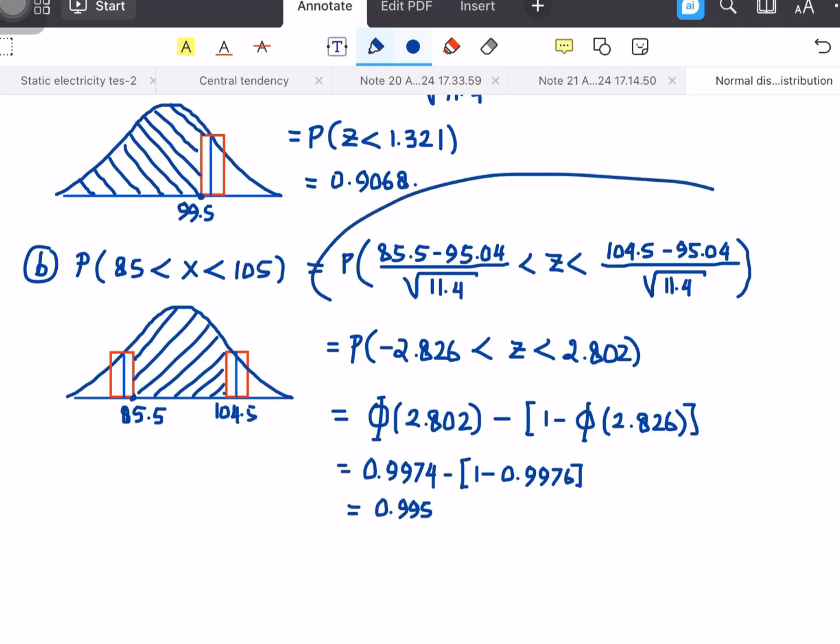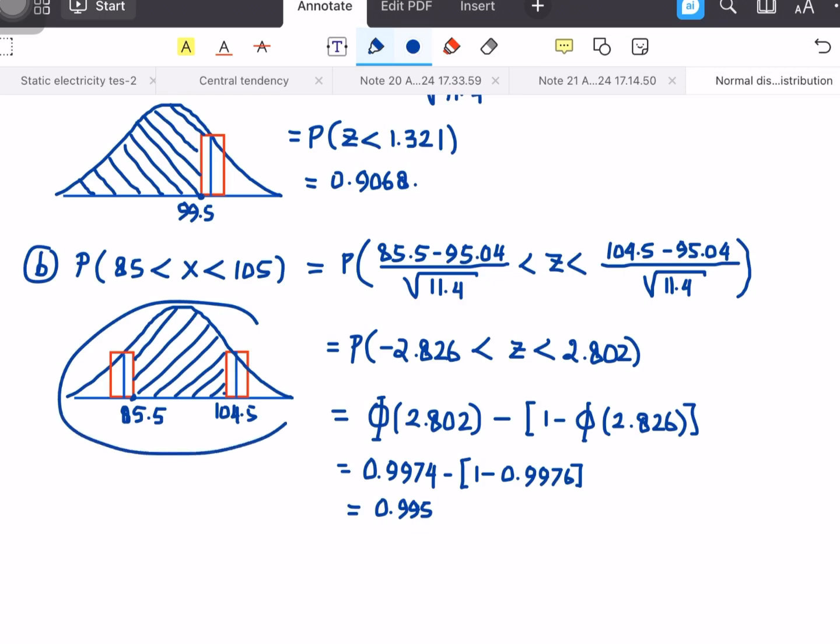So now we find the value of z using 85.5 and 104.5. So the value of z ranges from negative 2.826 up to 2.802.